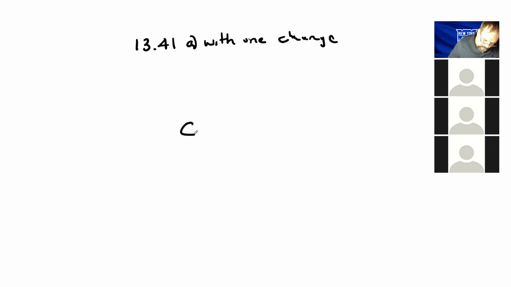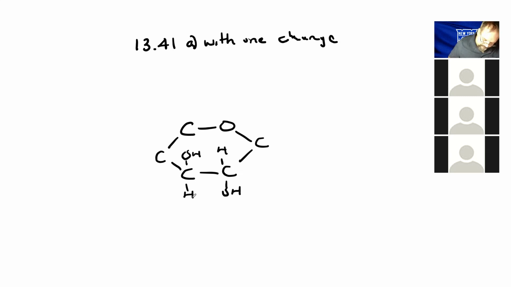So let me draw out the structure. Now, when I draw out the structures of the disaccharides, I like to draw out the carbons. The textbook, of course, loves skeletal line-angle structures because it's so much quicker. I'm not a big fan. Sometimes skeletal is really good, sometimes it's not so nice. So let's draw this out.